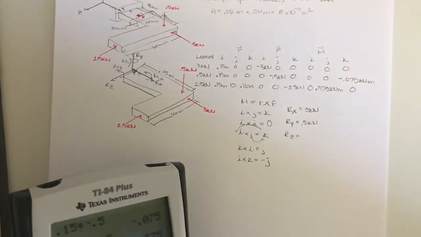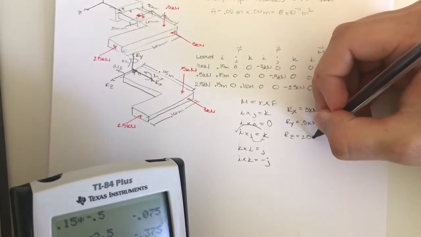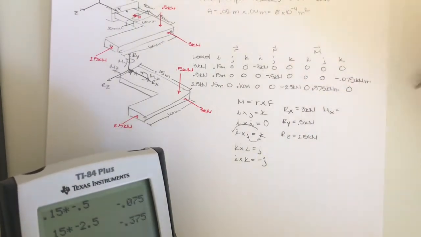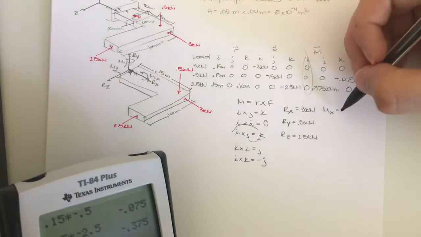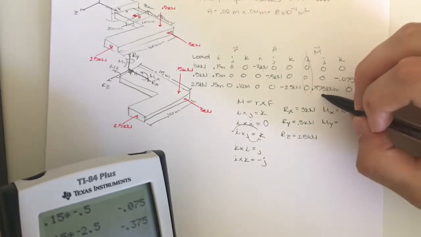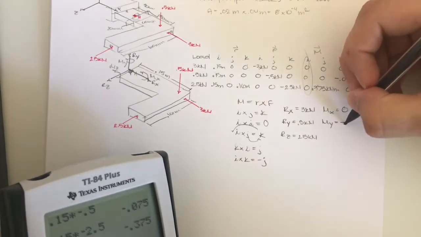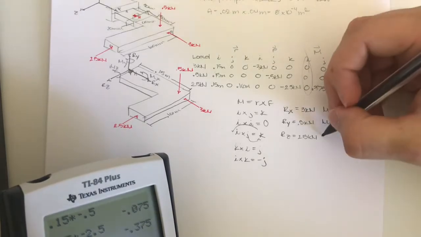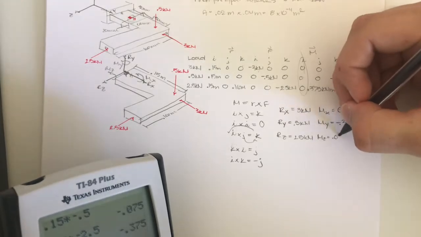Rz is equal to 2.5 kilonewtons. There is no moment in the x, as there are no values in this column besides 0. Moment in the y is a negative, since we're flipping that sign again, so negative 0.375 kilonewton meters. Moment in the z is 0.075 kilonewton meters.